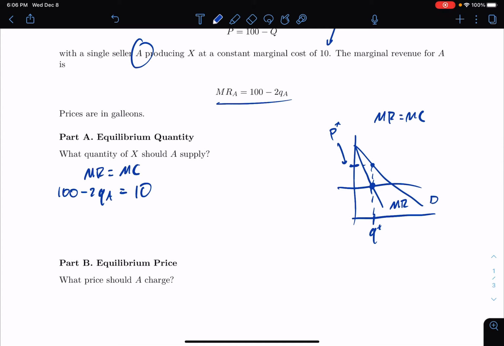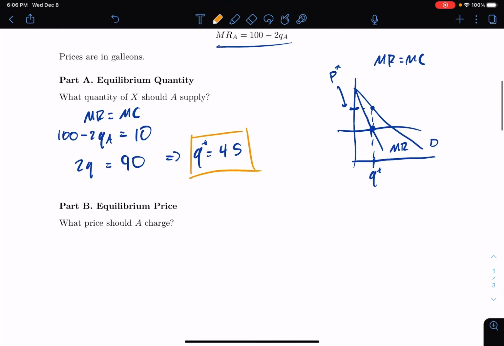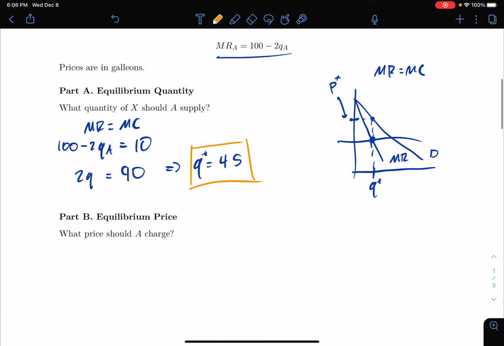So then 2Q, and I'm actually going to drop the subscripts here because we don't need them in this part of the question, is equal to 90. So then all we have to do is divide both sides by 2, and that gives us 45. So that is our equilibrium quantity.